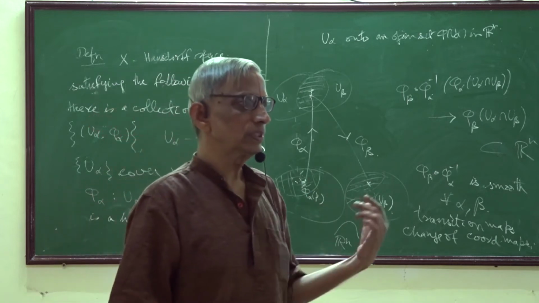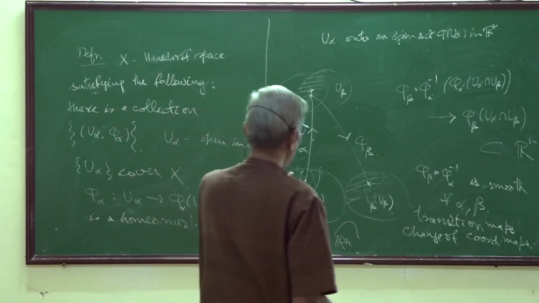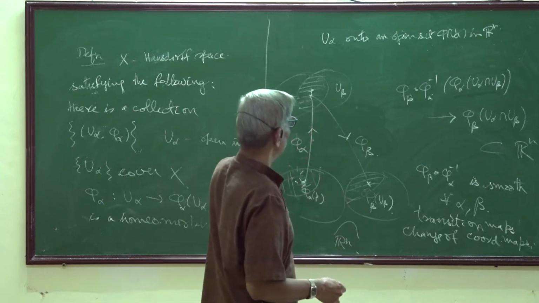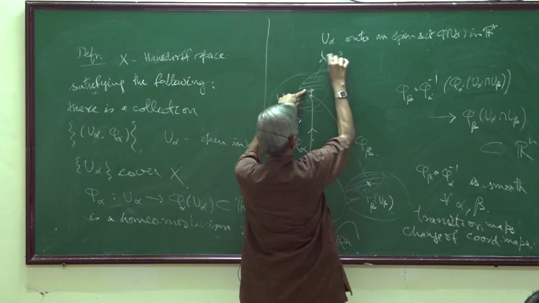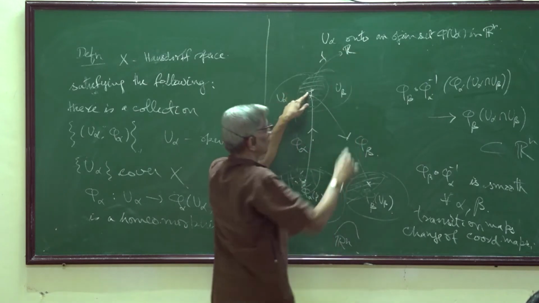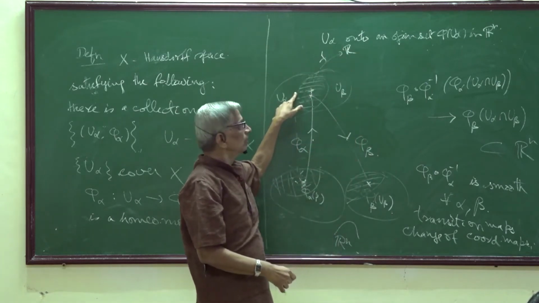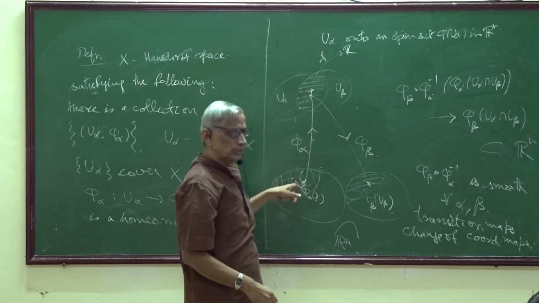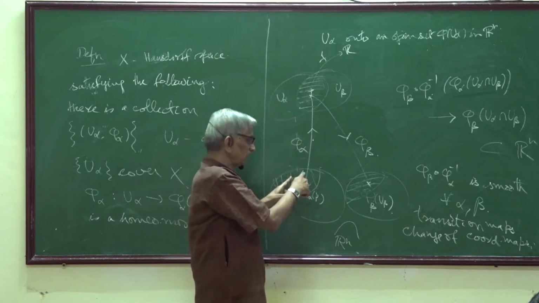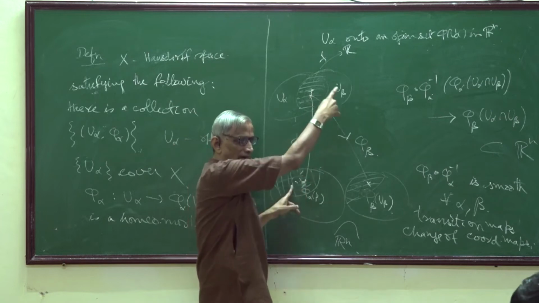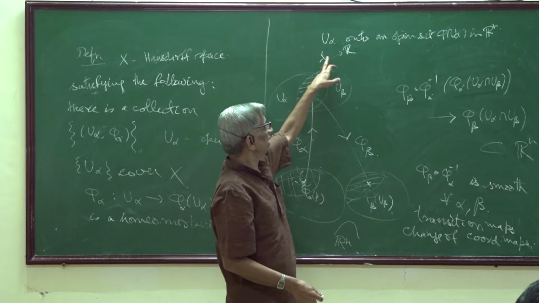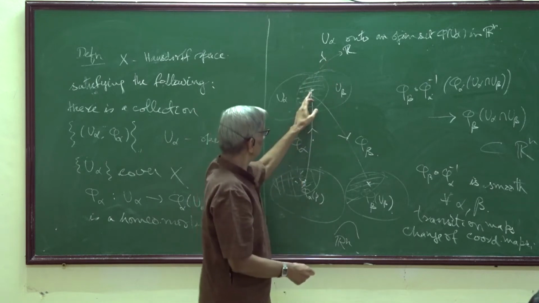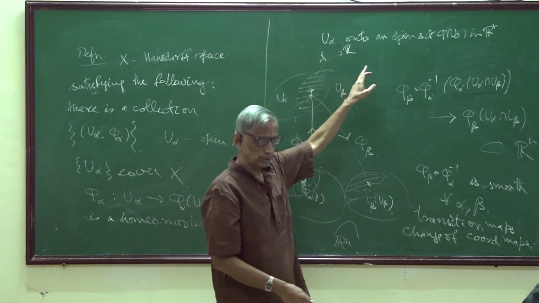So once you assume this, as I mentioned yesterday, if you want to talk about smoothness of a real valued function here, you can compose with this and look at the corresponding function from a subset in Rn to R. So we know what is meant by smooth there. So you say that f is smooth provided this composed with f is smooth.